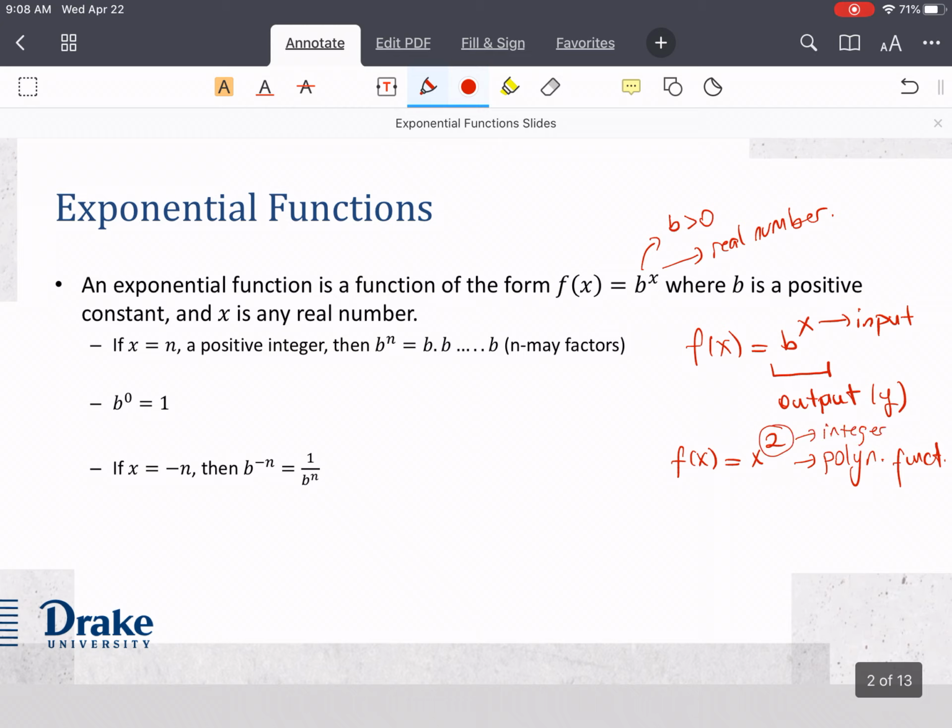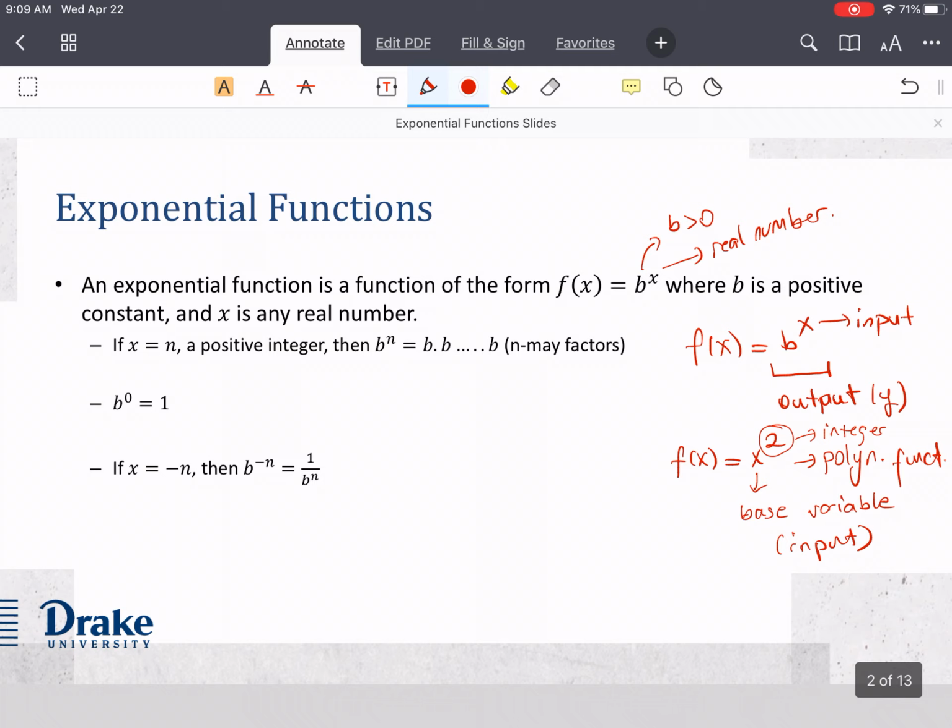So your variable is not at the exponent; the base is the variable, or the input. But with exponential functions, the input is the exponent and the output is what you get using that b to the x.